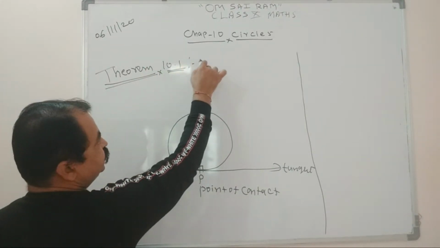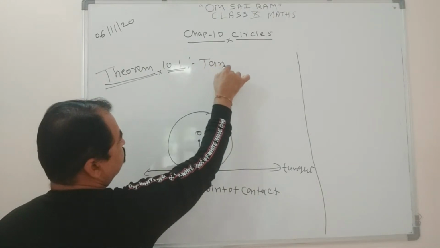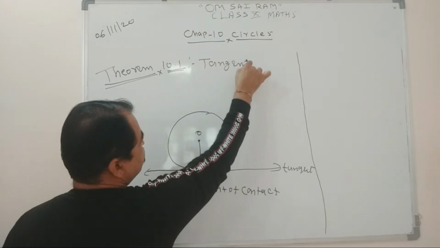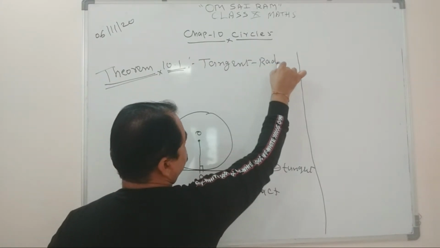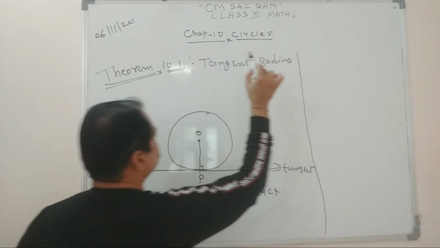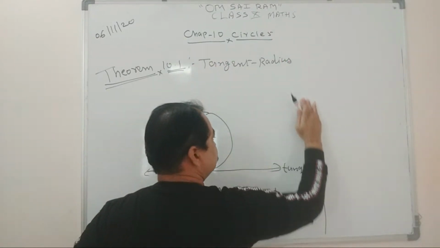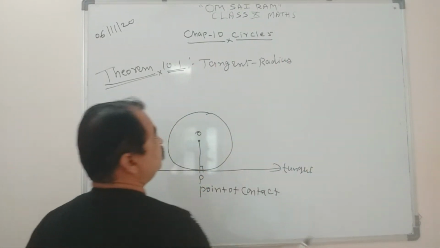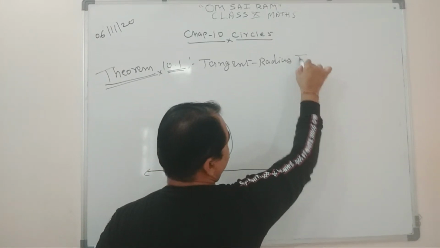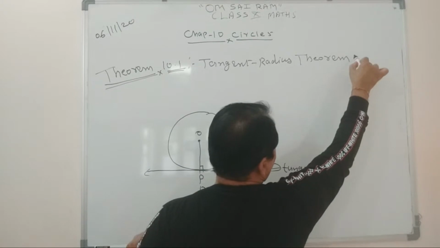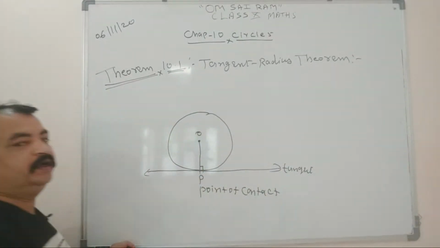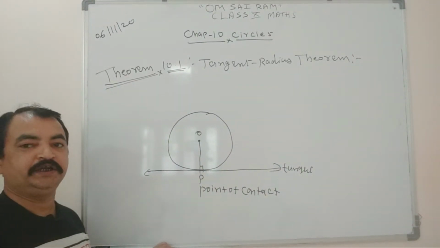Right. In short, we can name this theorem the tangent radius theorem. Why am I naming this the tangent radius theorem? Because when we solve problems on this, children, we will not write the complete statement.